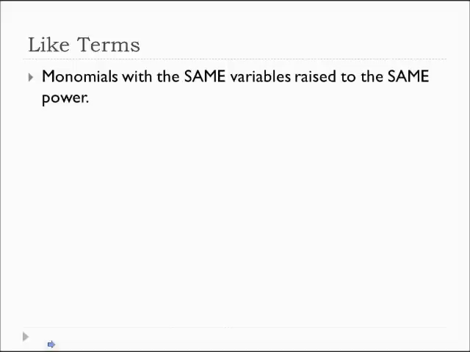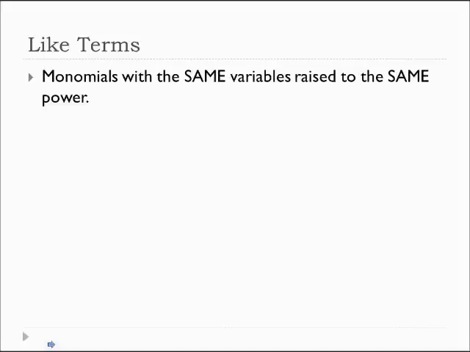Like terms, or like monomials, are ones that have the same variables raised to the same power. The constant in the front doesn't matter so much, but the variable and the exponent of the variable matter very much, because you can't add together things that are not similar, right?